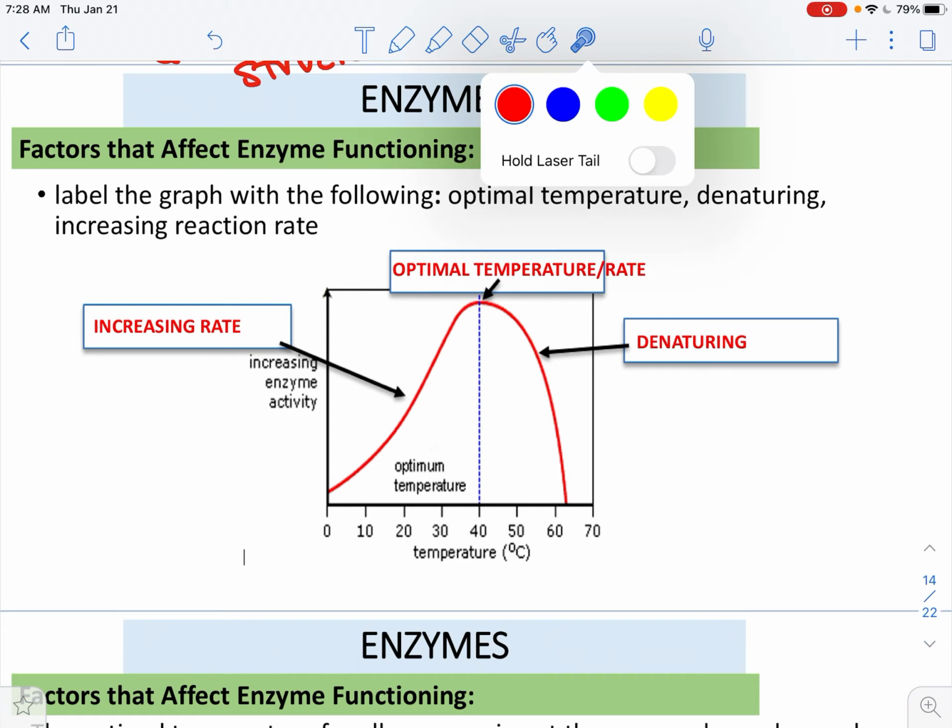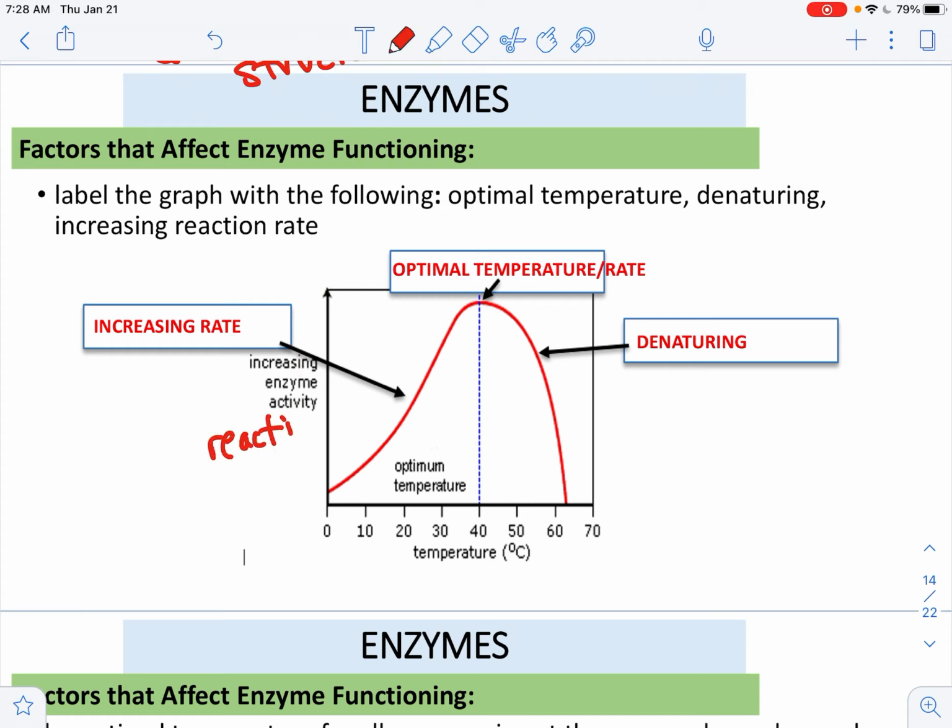And so what you're seeing here is temperature on the x-axis. As temperature increases, and this is measuring enzyme activity, or we could also call it the reaction rate with the enzyme.